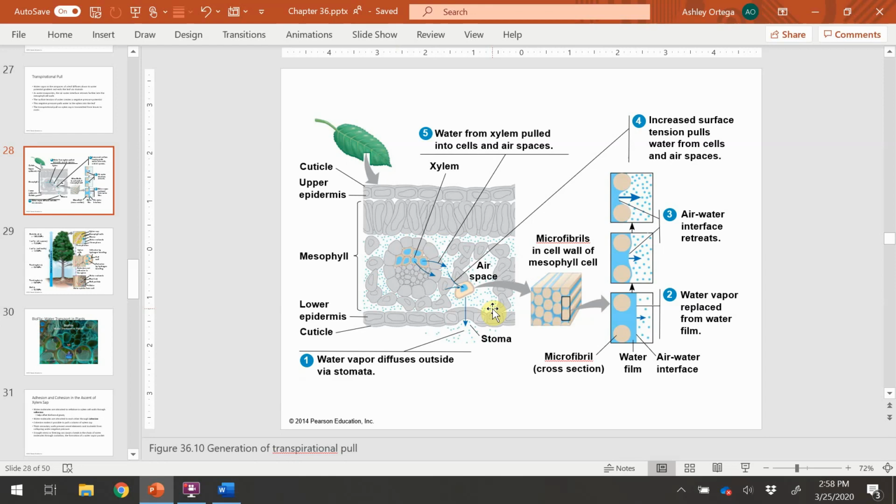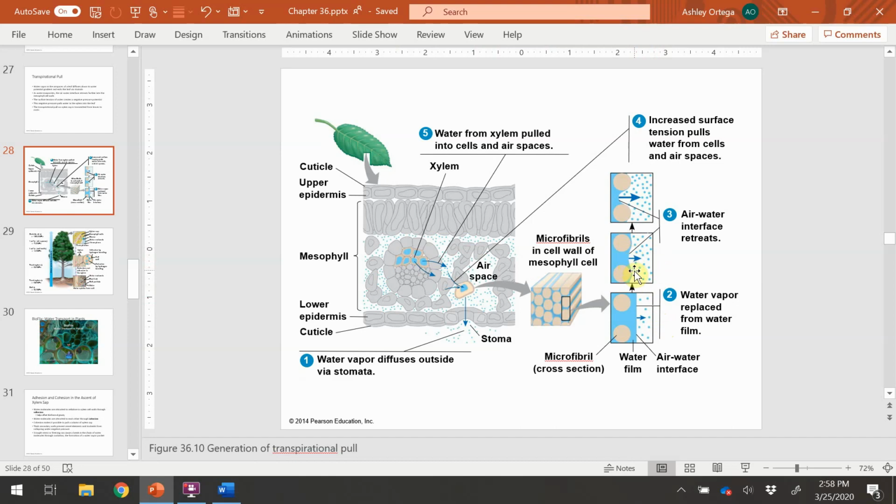So as the leaves get warmer, as the temperature rises, that water film of liquid water is going to evaporate and go into water vapor. And so as water vapor is produced, it can leave through the openings called the stoma or stomata, which are shown here. And so that water vapor, when it leaves, results in a thinner film.